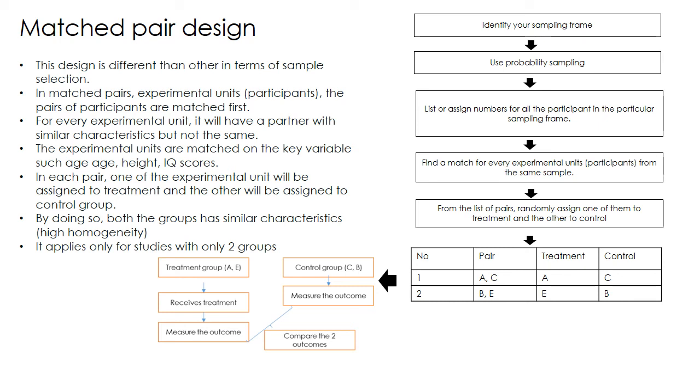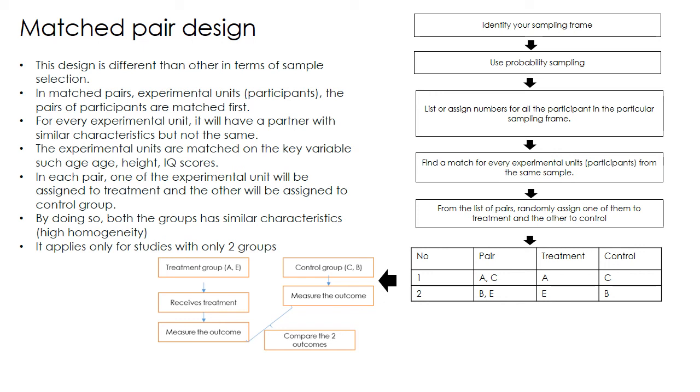And my second pair is a combination of individual B and individual E. So I assign individual E into treatment and individual B into control. So at the end of the day I'll have two groups, treatment and control. In treatment I'll have members A and E, and in control I'll have members C and B.